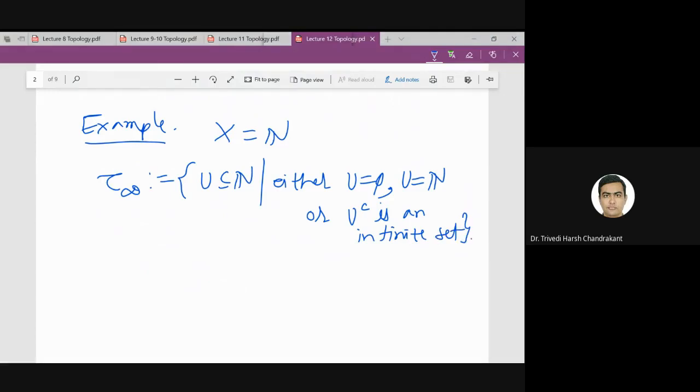So this is the example, and we need to check whether this example forms a topology or not.